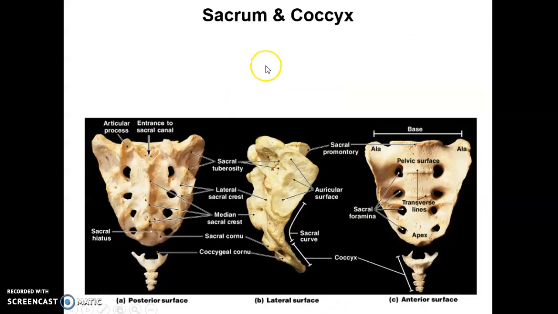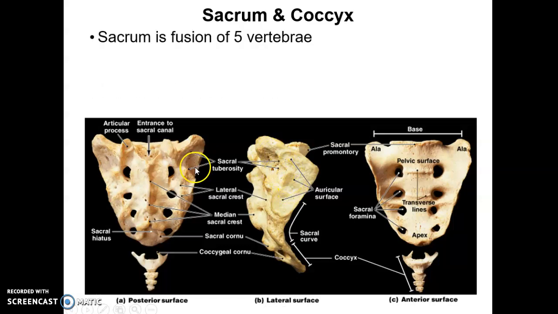And then inferior to L5 is this structure called the sacrum. That's a posterior view, that's an anterior view, this is a side lateral view. And the sacrum looks kind of weird, but that's because it's generated by the fusion of 5 sacral vertebrae that fuse by the time you're a young adult, and it's all bone at this point.